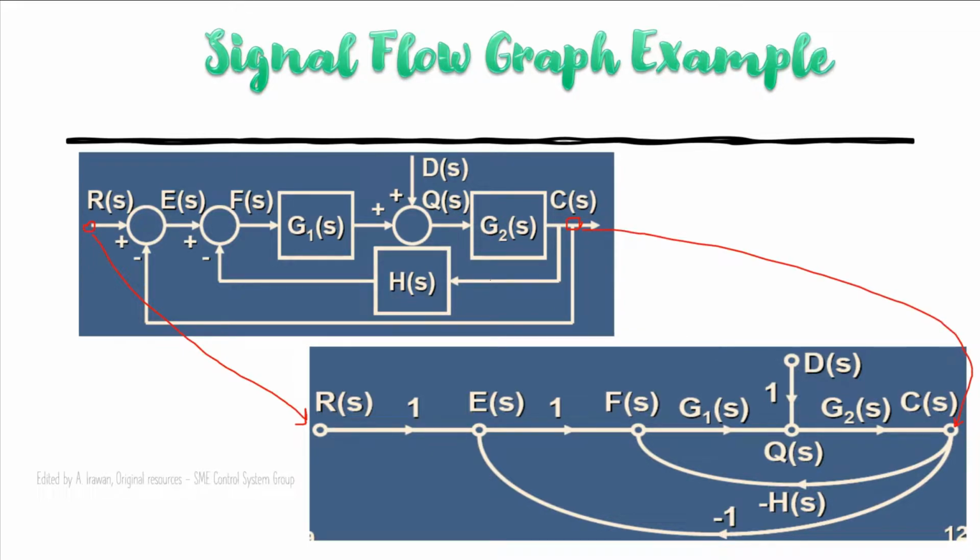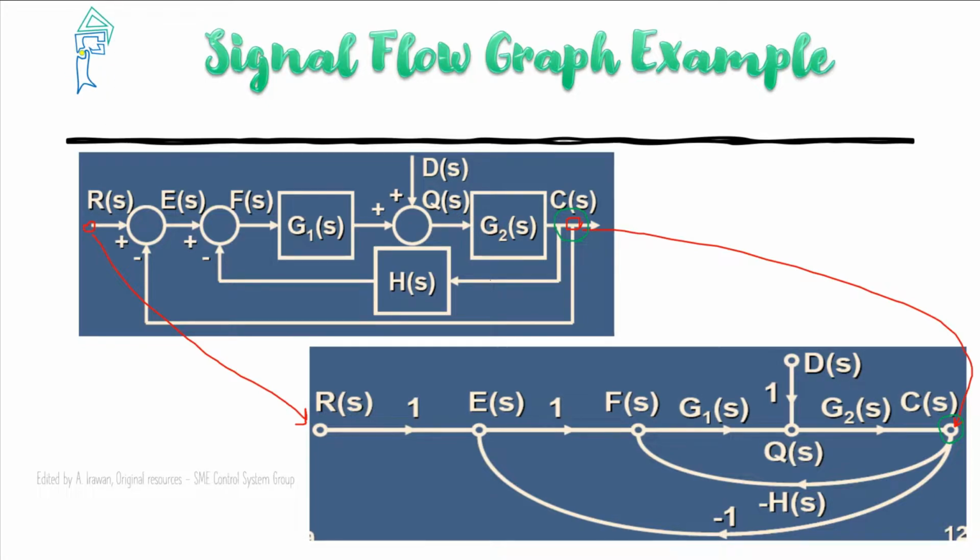As you can see here, the pick-off points actually share the same node, so here we just put one node for the output and for these two feedbacks. And then we make a line.